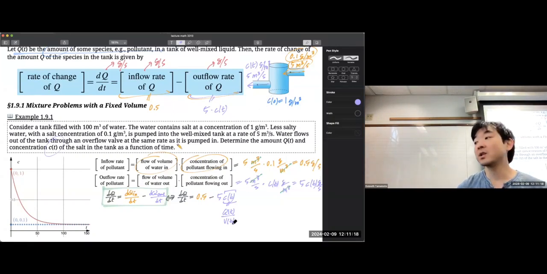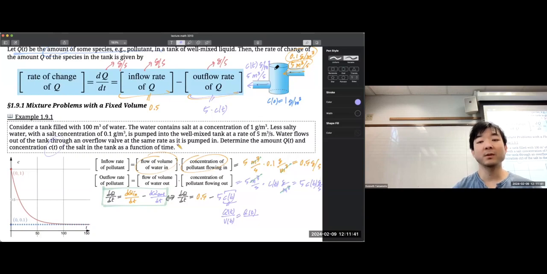The volume could also change in general, but in this problem the volume of water in the tank is not changing with time, because you're pumping in water at the same rate you're pumping out water. So for our problem, this would just be Q of T over the volume.